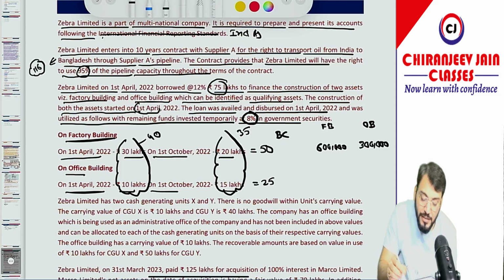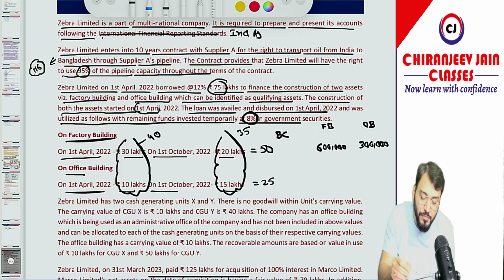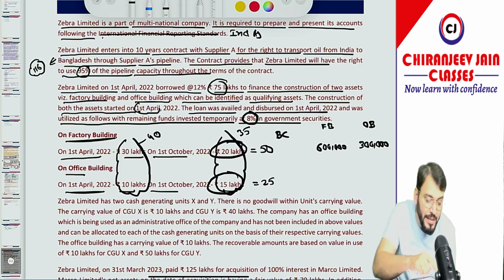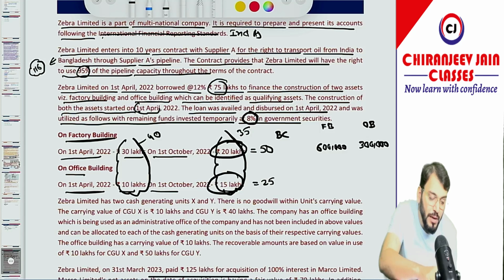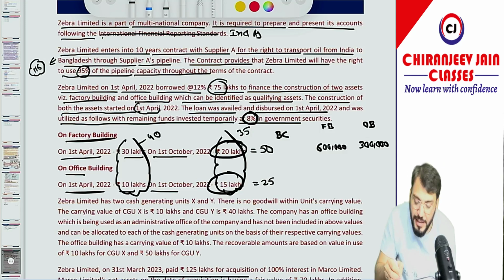Understood? The investment was done for the first 6 months to the extent of 20 lakh and 15 lakh. This amount will be invested in the first half. So 20 lakh into 8% into 6 by 12 is 80,000.